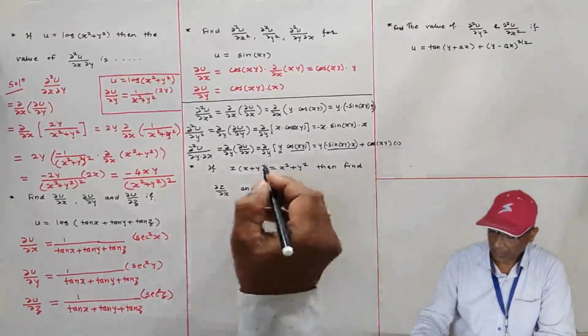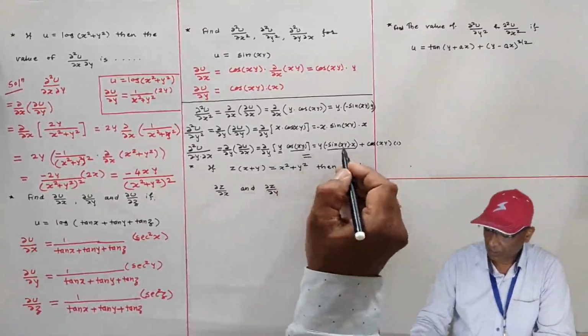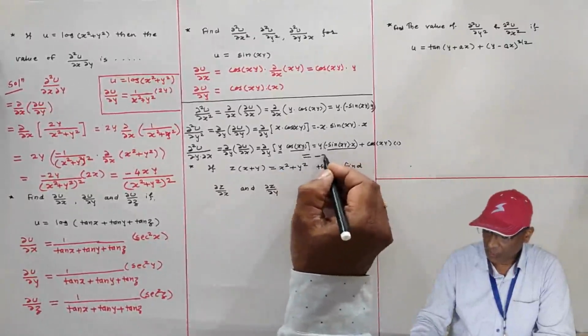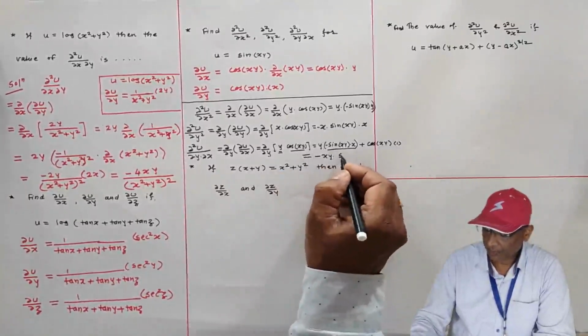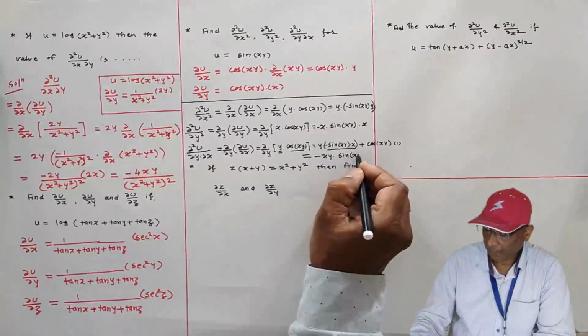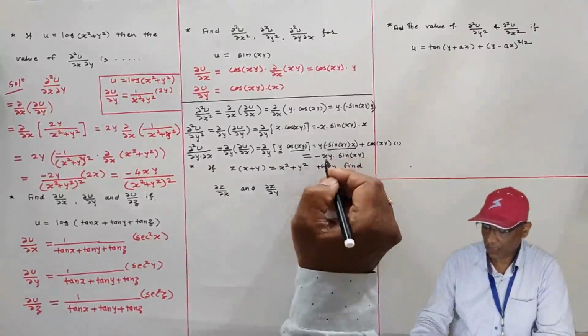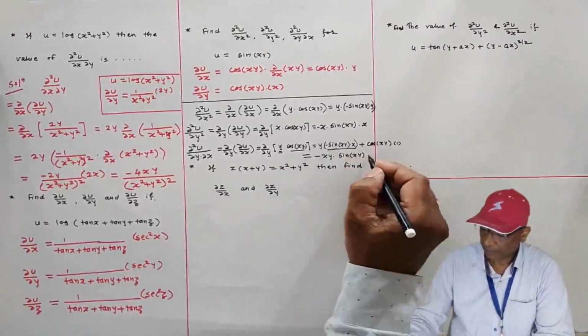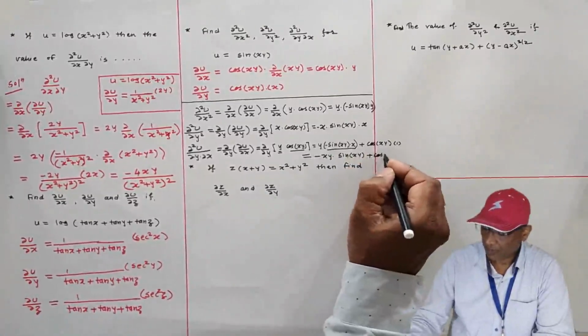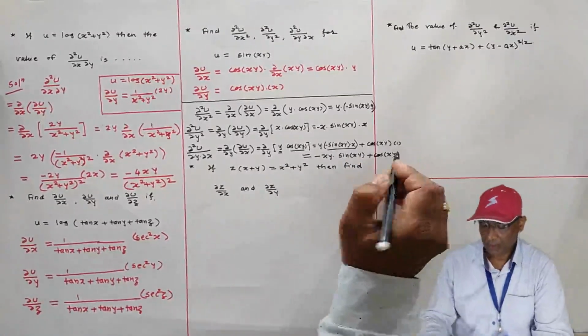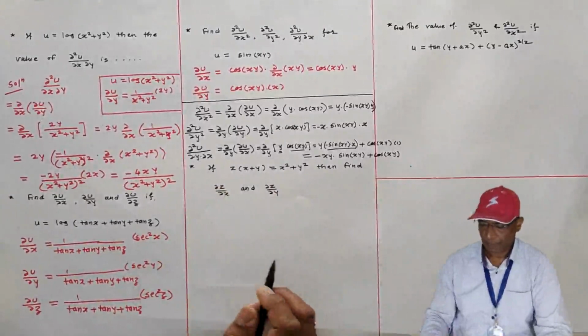And this becomes minus xy sin xy, because x into y is xy and minus is there, plus cos xy as it is. So this is del 2u by del y del x.